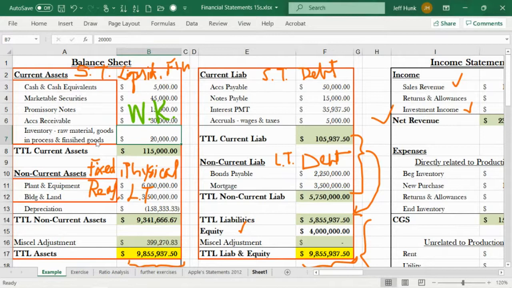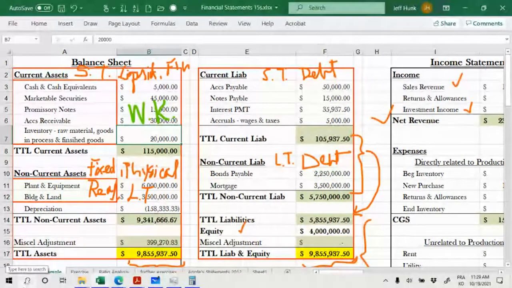And in retail, inventory would mean only finished goods because it's retail. What kind of retail would have goods in process or raw material? If you go to a clothing store, all you see is finished goods. You go to Macy's, or a Century 21 or malls, all the clothing, all the garments, they are finished goods.